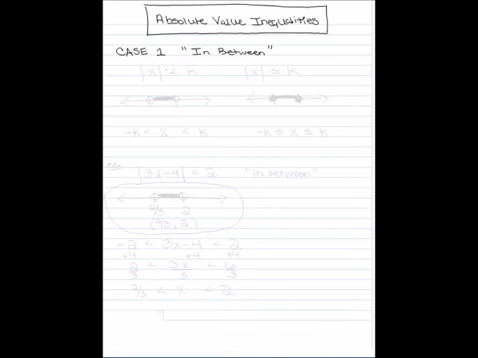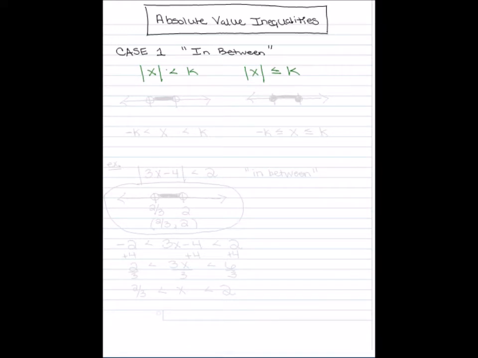If you have an inequality that says less than or less than or equal to, then I call it an in-between type problem. So if you have something that looks like absolute value of x is less than k, or even absolute value of x is less than or equal to k, I call it an in-between type problem.